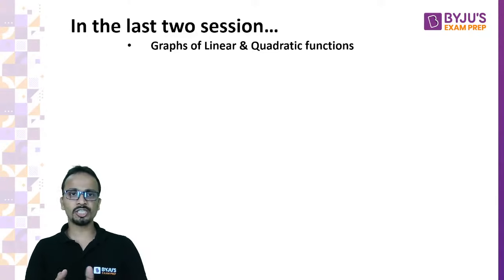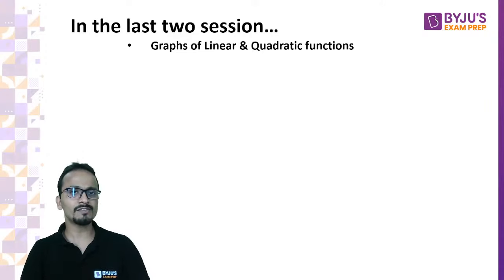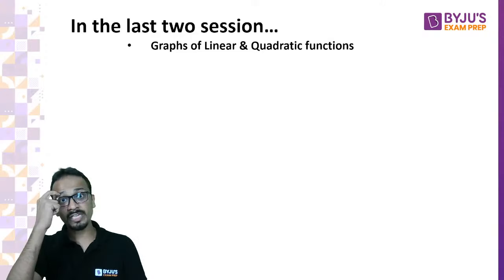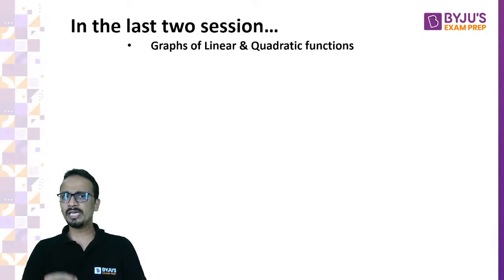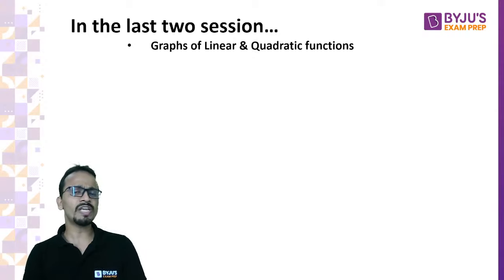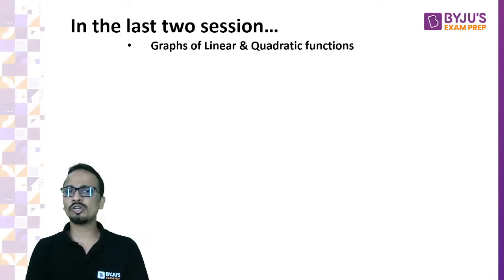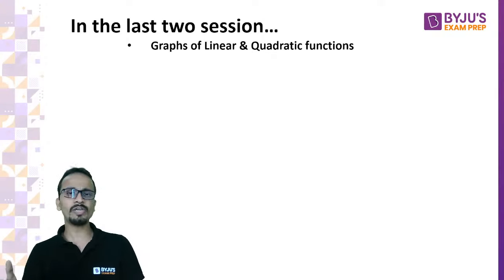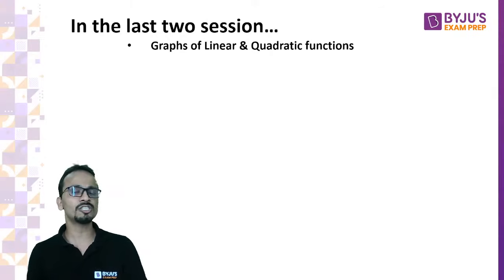In the first session where we started discussing graphs, we started with the graphs of linear and quadratic functions. In the graph of linear functions we have seen that it will be a straight line, so we have seen the very basics of linear functions. In quadratic we have seen different types of quadratic functions. If I talk about a quadratic function in general, I can say that the graph will be a parabola.